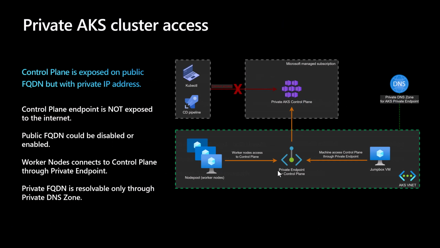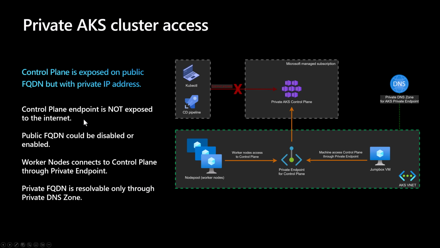Now let's make our cluster more secure. After introducing the public cluster, AKS introduces the private cluster. What does that mean? Private, again, is a description of the access to the control plane. It means that the control plane is exposed on a public FQDN, but only with a private IP address.